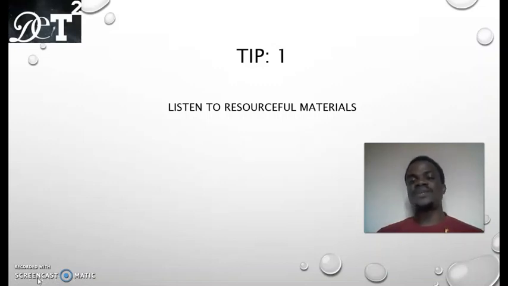English music you listen to. All these things will help to tune your ear to understand the accent and all that. So try as much as possible to listen to a lot of resourceful material. This will help to sharpen your listening skills.